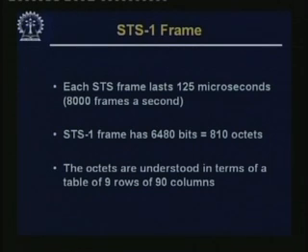Now, each STS frame lasts 125 microseconds. As I mentioned, this 125 microsecond time epoch is sort of sacred in this whole domain, because 125 microseconds is what is required for a DS0 channel. Remember, this is time division multiplexing, which means that if you have a 125 microsecond slot, then some of the DS0 bytes can take this route.